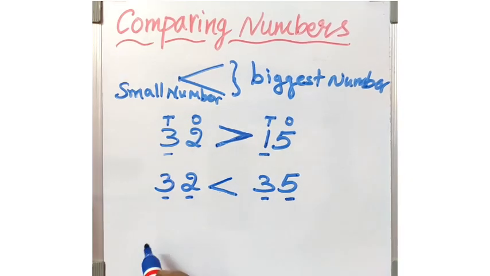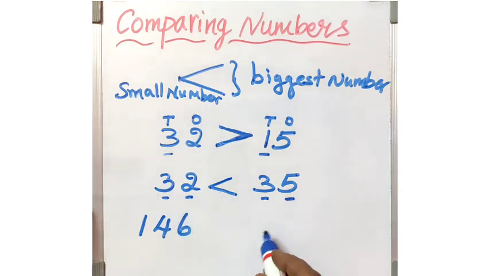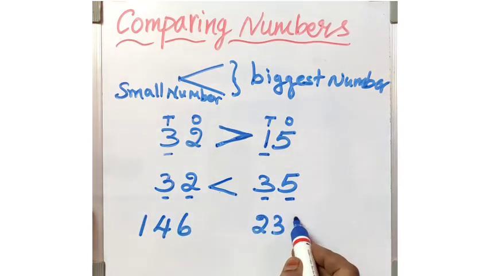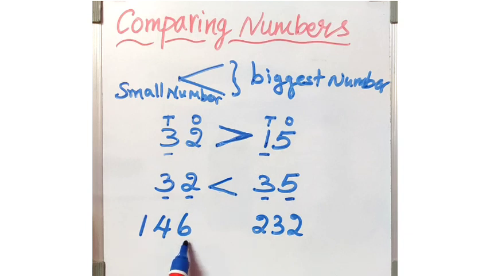Now let us take one more example, 146 and 232. Now here both are 3-digit numbers. Here 146 is a 3-digit number and 232 is also a 3-digit number. In a 3-digit number, we have to compare the hundreds place first. This is hundreds place. So ones, tens, hundreds.